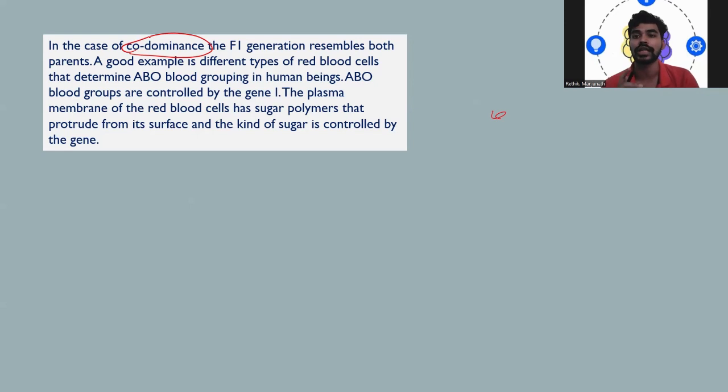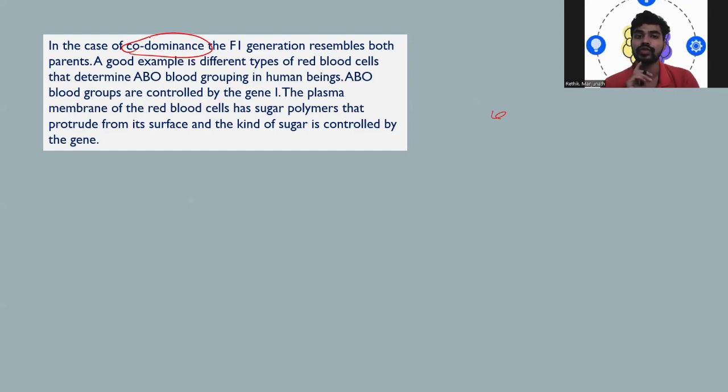In incomplete dominance, the dominant character will not completely dominate over the recessive one. As a result, we will get an intermediate character or intermediate result.